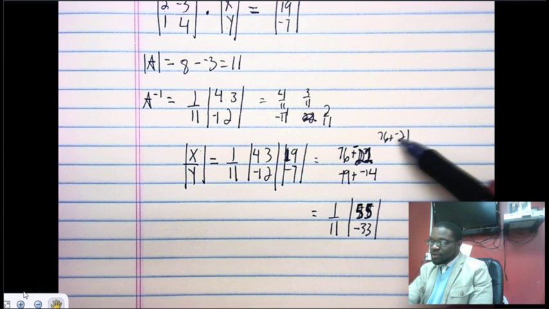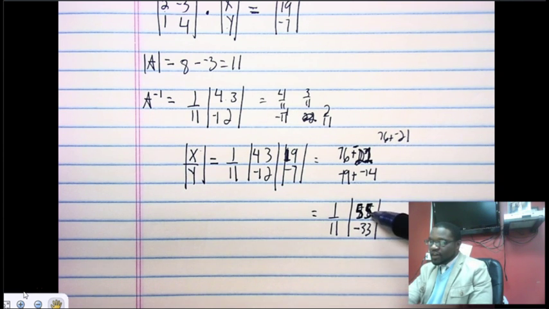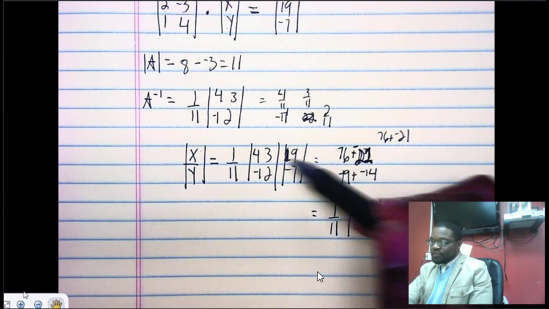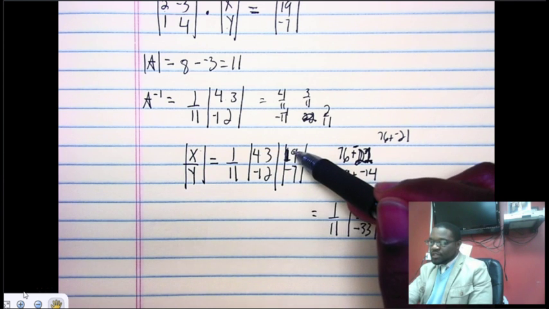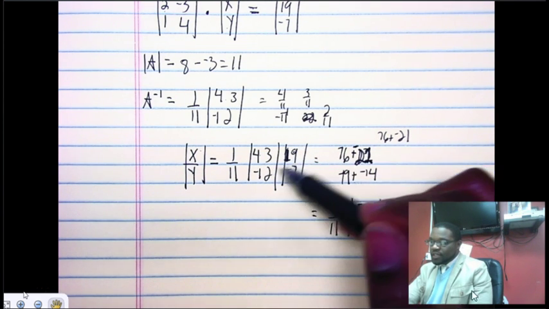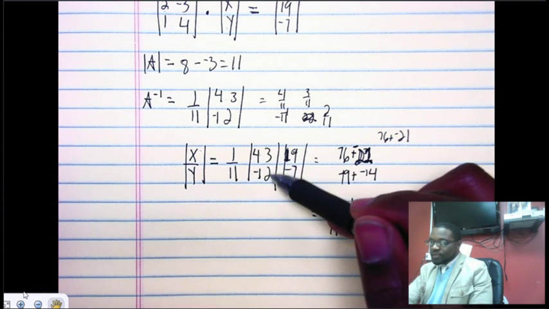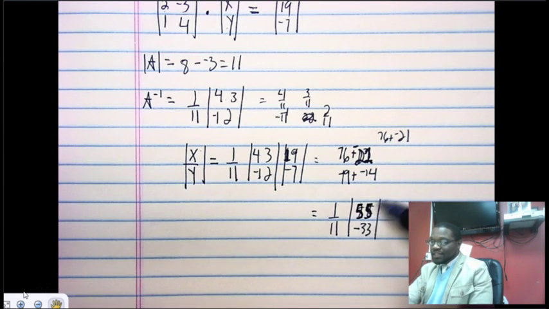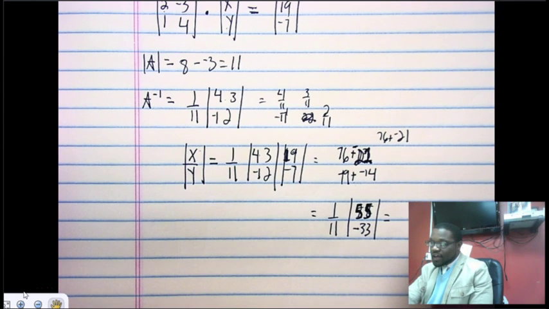I know you can't see it, that's why I rewrote it over here. That's 55. Negative 19 plus negative 14. Again, that's this times this, plus this times this, and this times this, plus this times this, and you get these. And then I wait to do my scalar, which is simply 5 over negative 3.